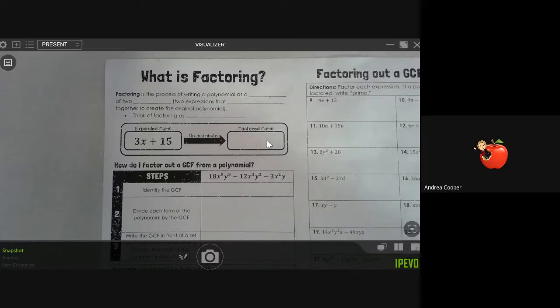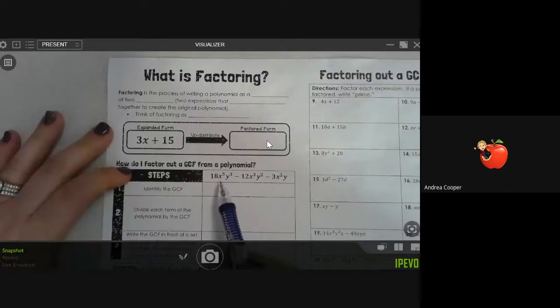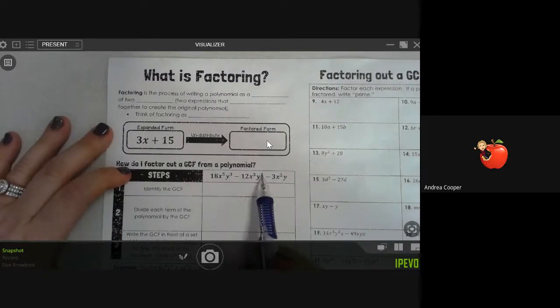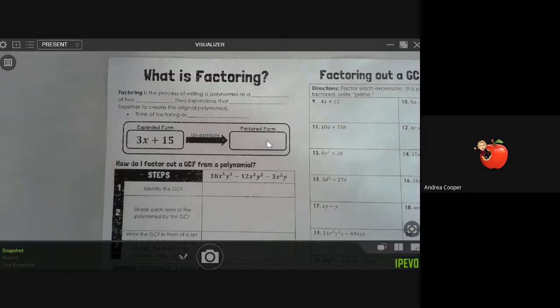But okay, so here we go. Here's my first problem: 18x to the fifth y cubed minus 12x cubed y squared minus 3x squared y. Alyssa, do you want to explain how to do the GCF in Desmos, or do you want me to do it? I'm guessing she's probably going to tell me that she wants me to do it.